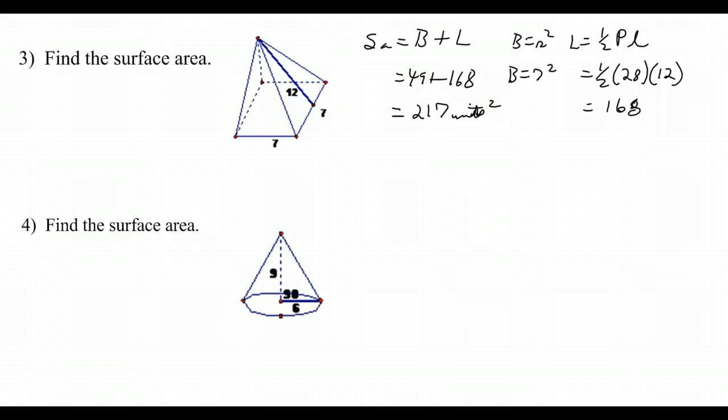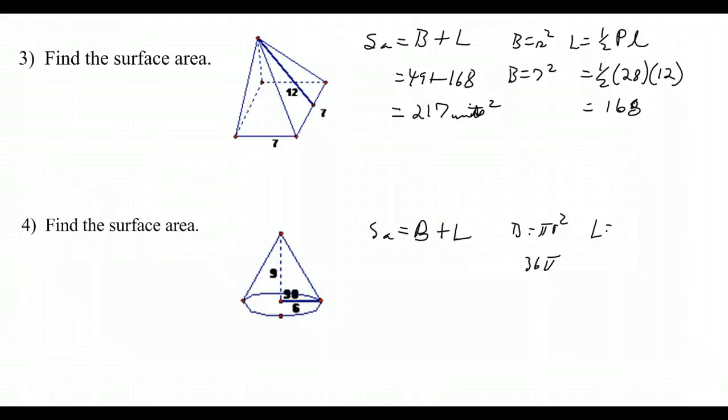Finding the surface area of this one. The surface area of a cone here. Once again, surface area is one base plus the lateral area. My base in this case is pi r squared. So we get r is 6, so that's 36 pi.